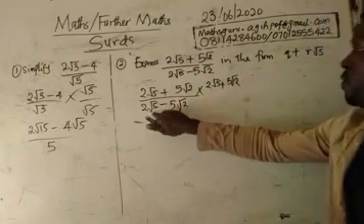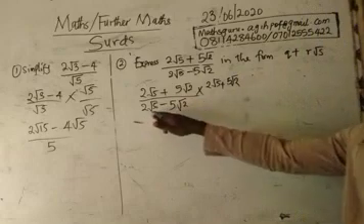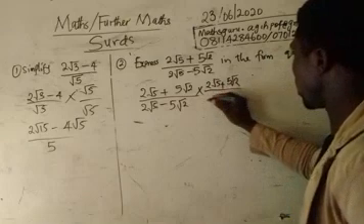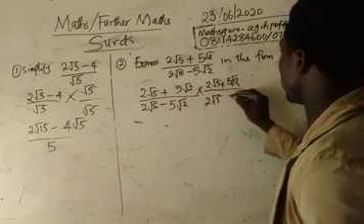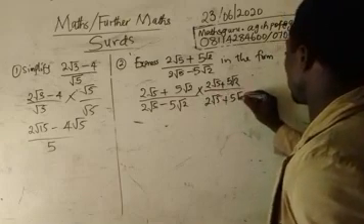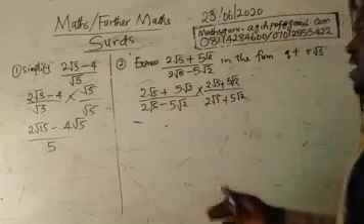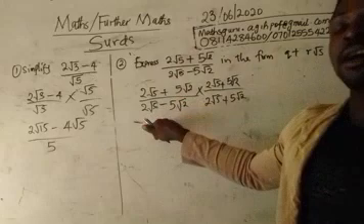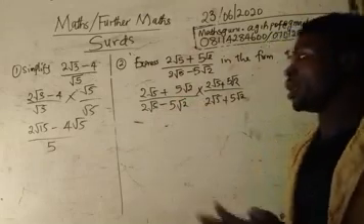The conjugate of 2 root 5 minus 5 root 2 is 2 root 5 plus 5 root 2. The same thing here, 2 root 5 plus 5 root 2. By so doing, we're going to have rational numbers as the denominator of our expression later on.